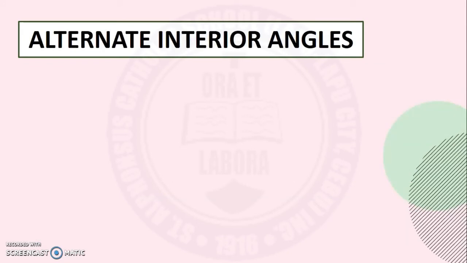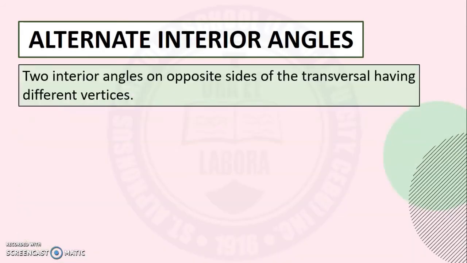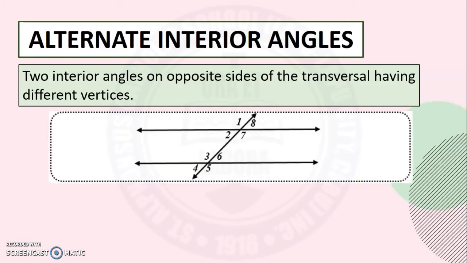Alternate interior angles. When we say alternate interior angles, these are 2 interior angles on opposite sides of the transversal having different vertices. So, we have here this figure, again 2 interior angles. So that means we will focus on the interior part of the transversal. Okay, 2 interior angles on opposite side.